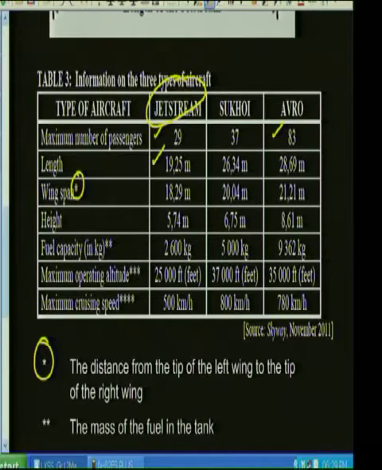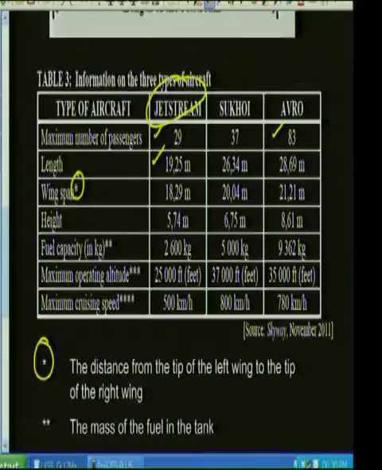So what it's saying is wingspan. Let's explain to you what the wingspan is. And so the examiner is quite nice about it. So he says wingspan, star, look for the star and you'll know what the wingspan is. We look for the star at the bottom and it says it is the distance from the tip of the left wing to the tip of the right wing. Okay? Now we know what wingspan is.